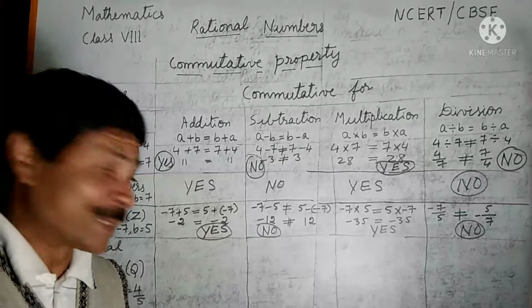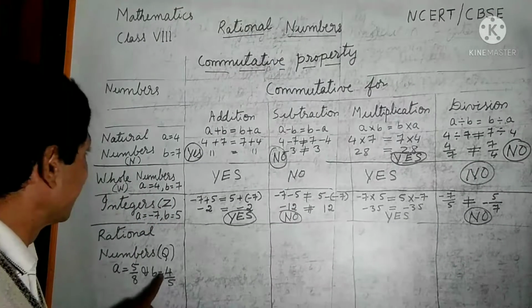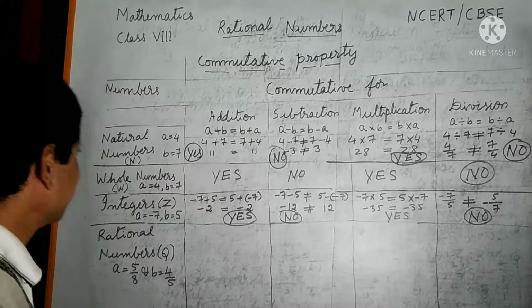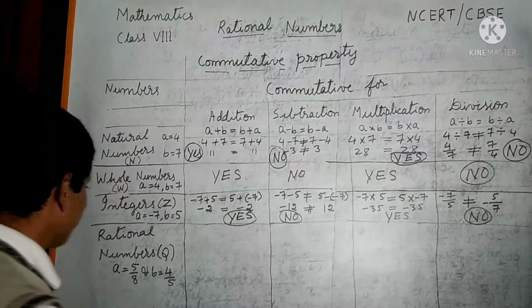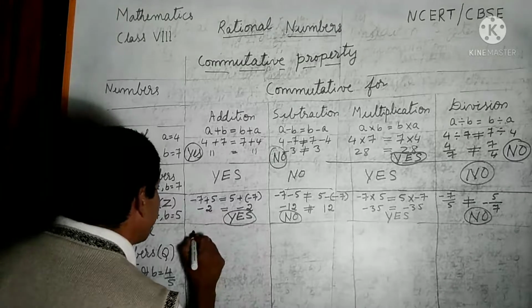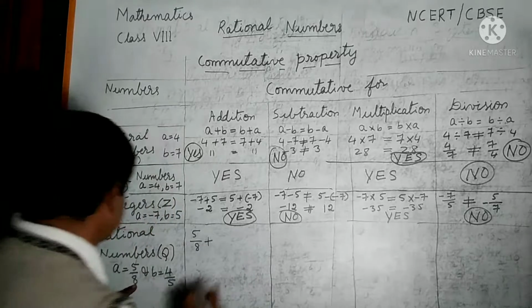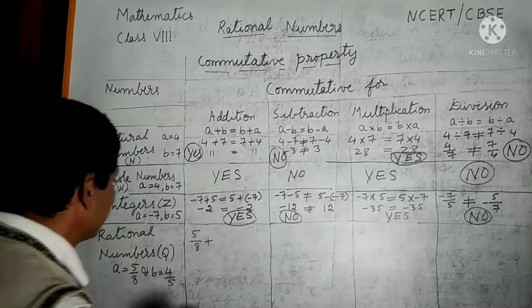Now let us test for rational numbers a and b whether addition is commutative or not. First let us take a plus b. That means 5 by 8 plus 4 by 5.